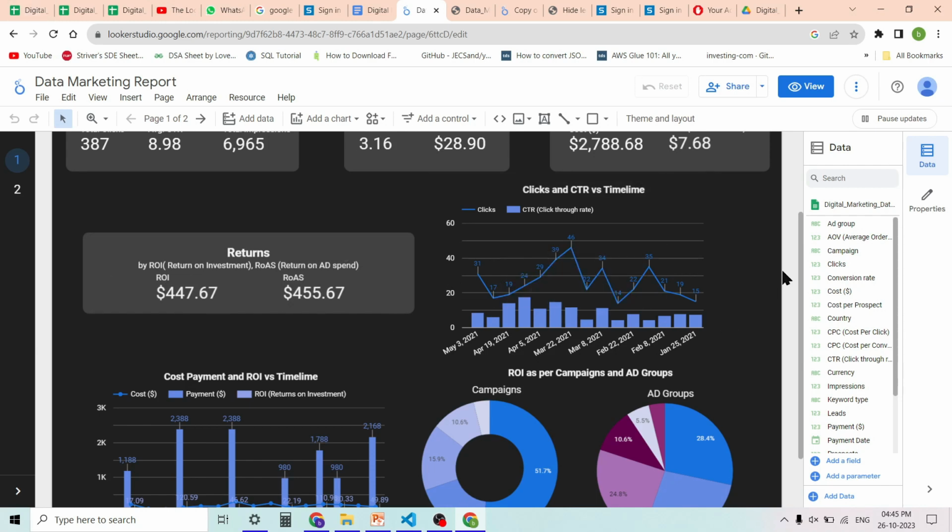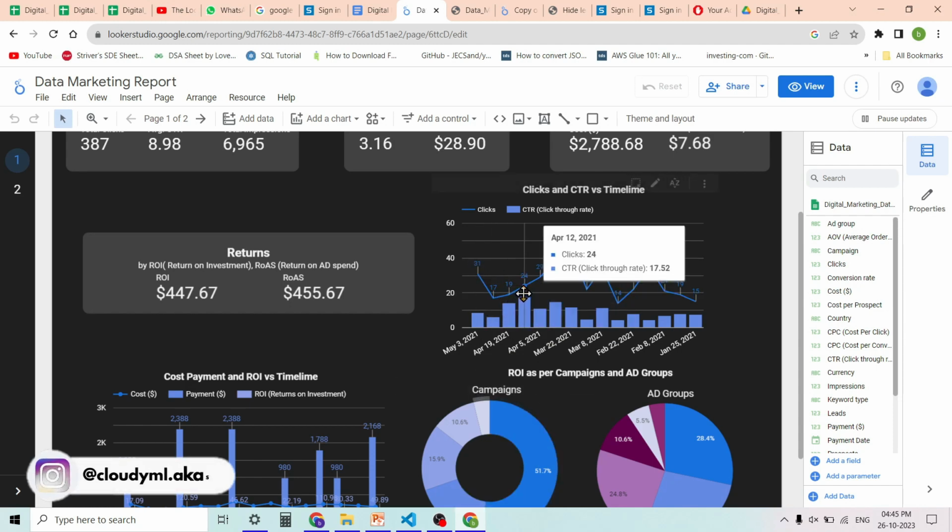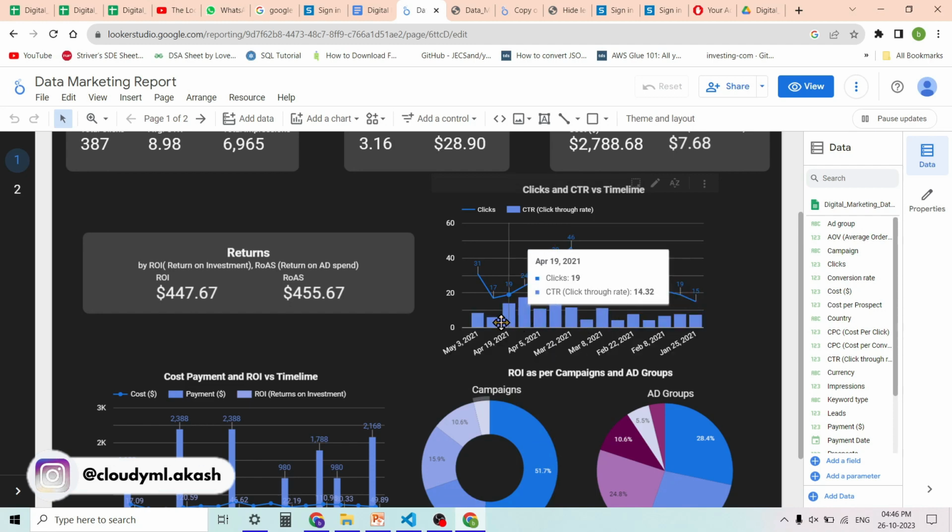Then we created the clicks and click-through rate versus timeline graph. So you can see that in different weeks we can see the trends of the clicks that have been made and the click-through rate that we are getting.